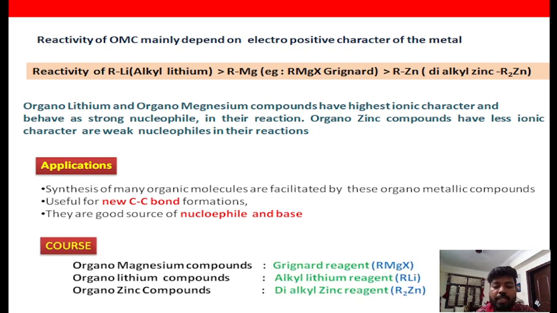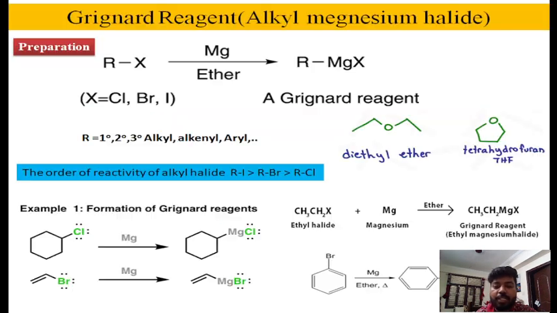Today we will discuss the Grignard reagent, that is the organomagnesium reagent. Look at this slide for the preparation of Grignard reagent, alkyl magnesium halide RMgX. The starting materials are an alkyl halide with magnesium metal in the presence of ether solvent.